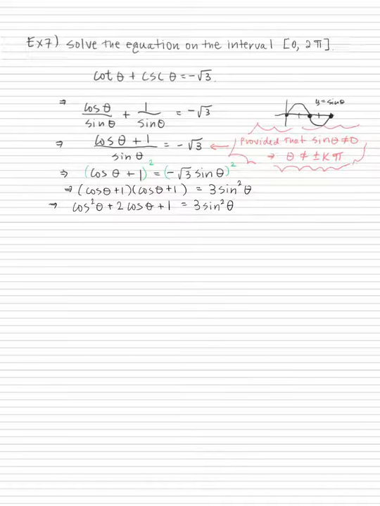Alright, so looking good. So maybe we can make it into a quadratic equation. So first, let's make everything in terms of cosine by using a Pythagorean identity. So I'm going to replace sine squared of theta by 1 minus cosine squared. So let me just write that out.